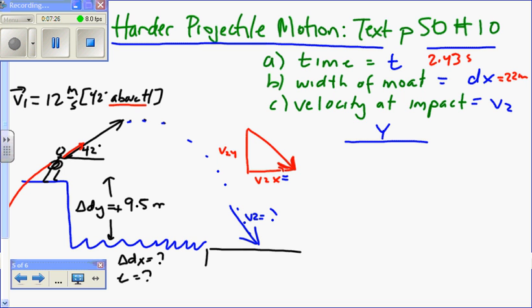V2x is going to be 8.91, it doesn't change. We need to find V2y because the question's asking for V2, the final velocity. And we're going to end up having to find a direction too. We'll talk about that in a moment. But we can find V2y using the y direction and information that we have.